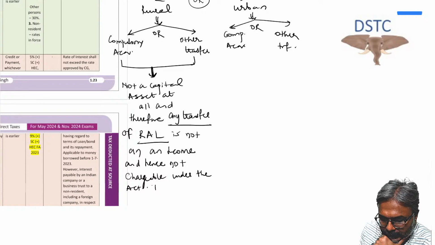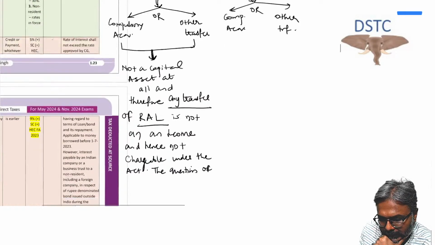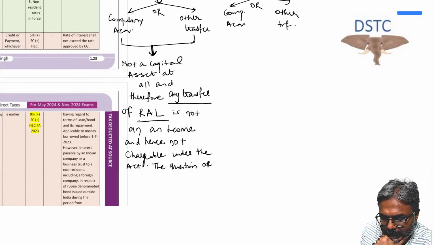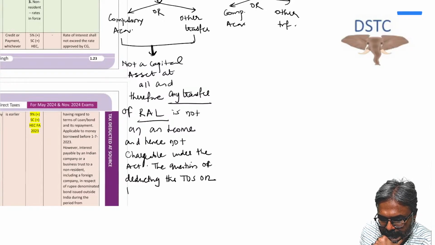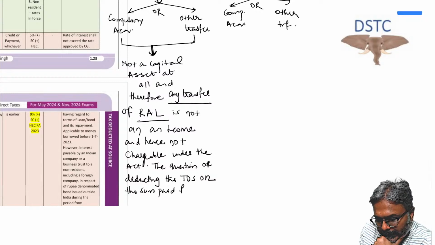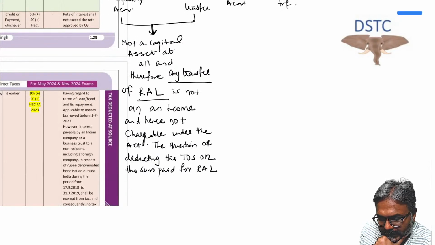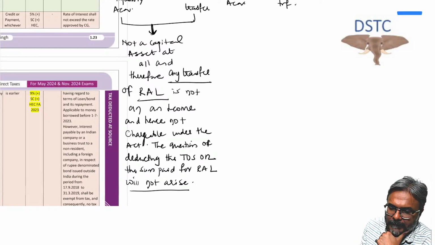Full stop. The question of deducting the TDS on the sum paid for rural agricultural land will not arise.